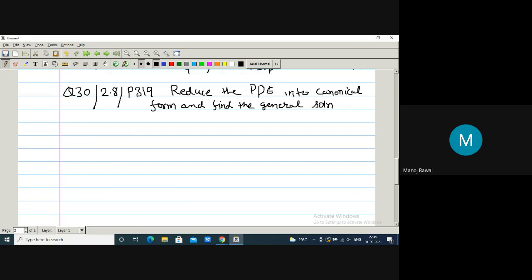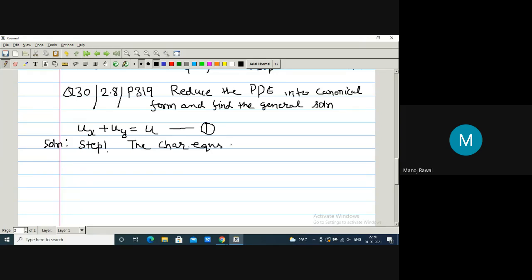So what is the differential equation? This is given as ux plus uy is equal to u. This is the given partial differential equation. Let's follow the procedure. Step one, write down the characteristic equations.